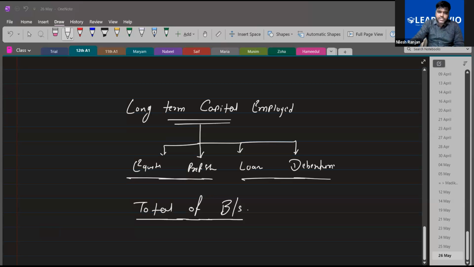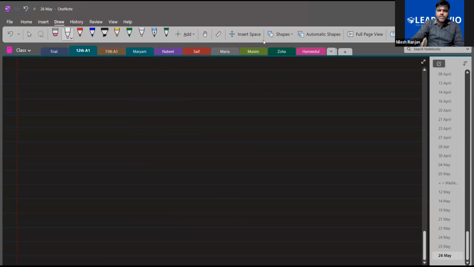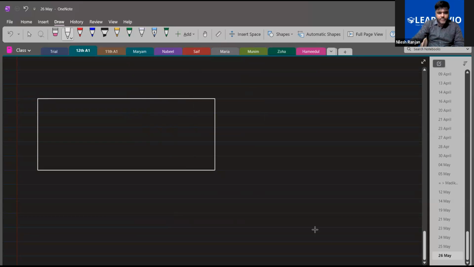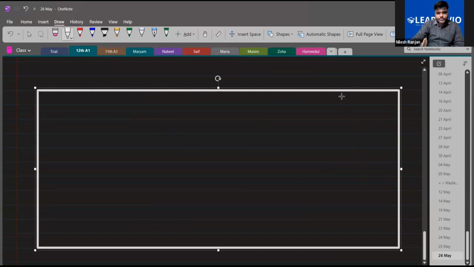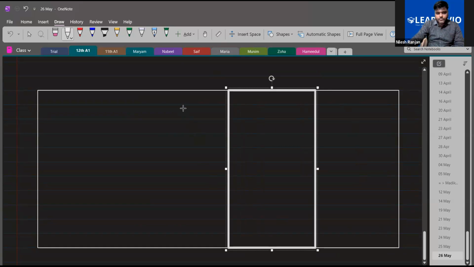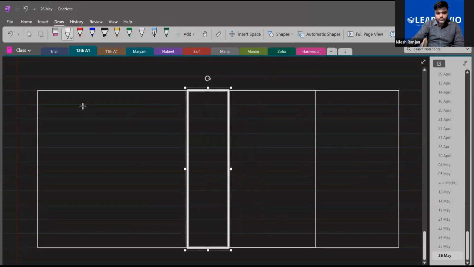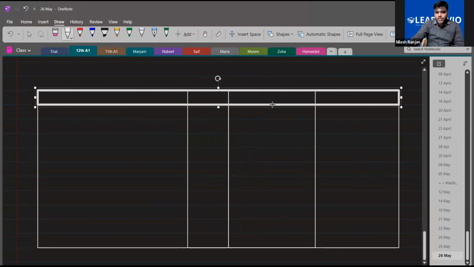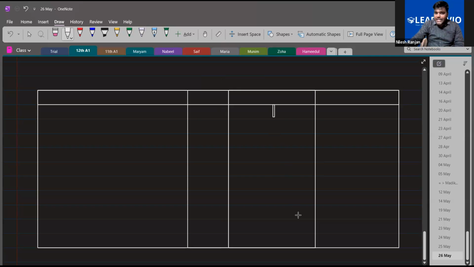Okay. After this, there is a format of common size statement. It is the same as comparative statement, but the names of the columns will change. Now, in common size statement, you don't always need 2 years data.